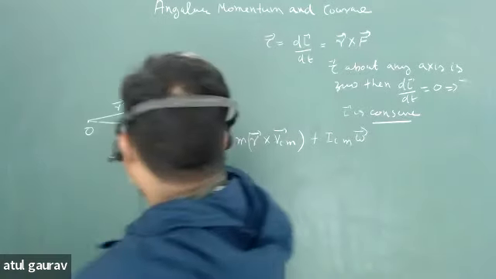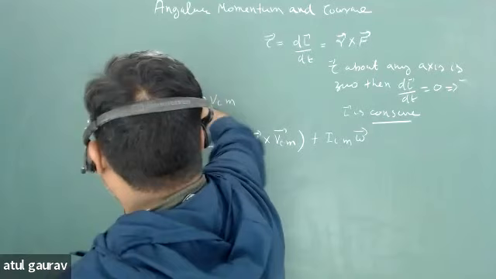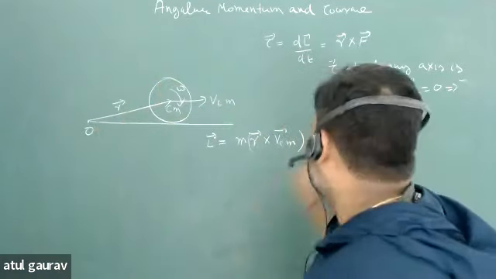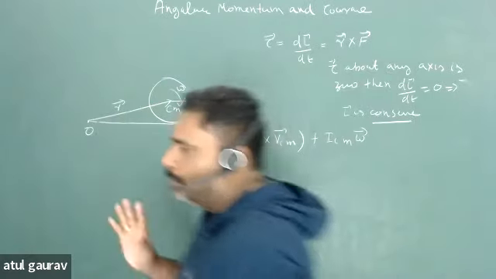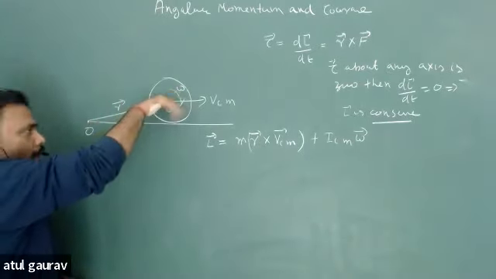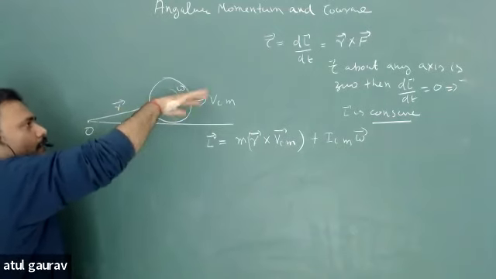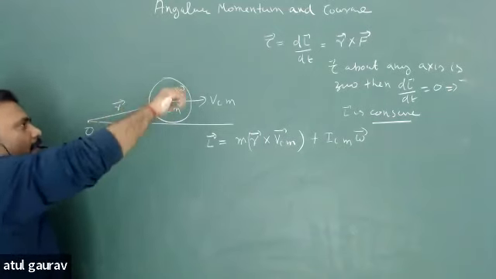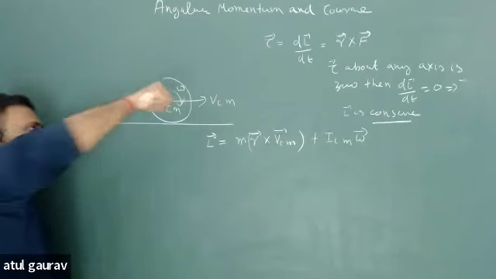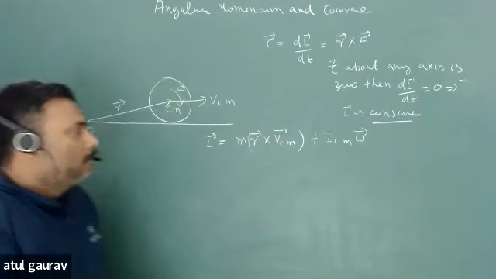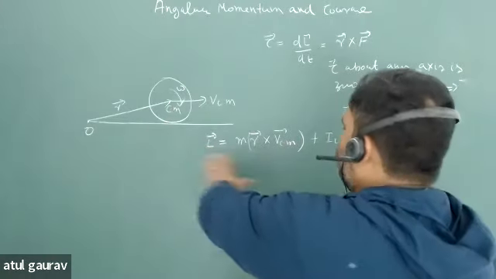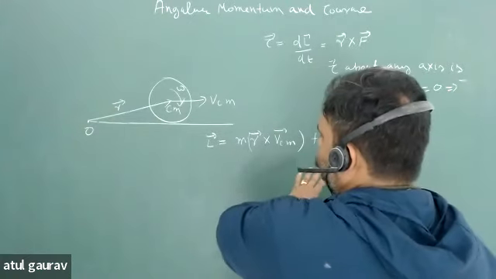Now R cross VCM is going downward, and omega is again the same, so I can go for the plus sign here. You have to take care of this particular direction. Again, this is R cross VCM, so you are crossing with VCM, so this will be in this direction, and you are rotating with angular velocity, so angular momentum is in this particular direction. So this is the complete definition of angular momentum.